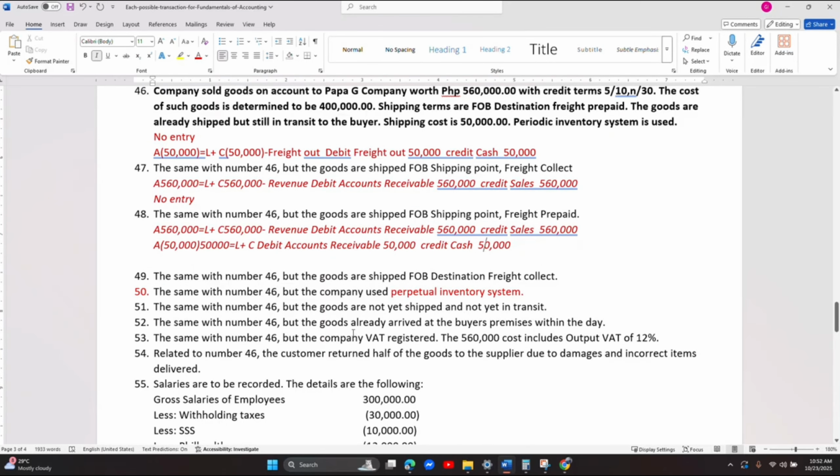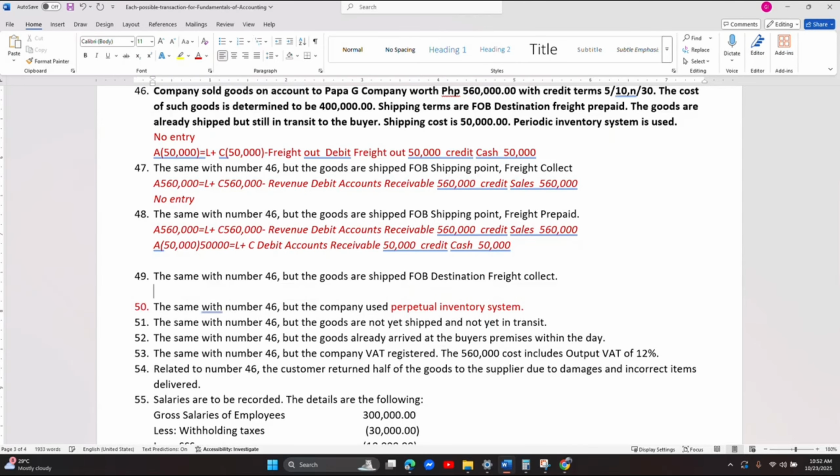The same with number 46, but the goods are shipped FOB destination, freight collect. So again, since this is FOB destination and the products are still yours, there will be no entry on your part, because you cannot make an entry accounts receivable credit sales if you have not yet passed the title to the customer.